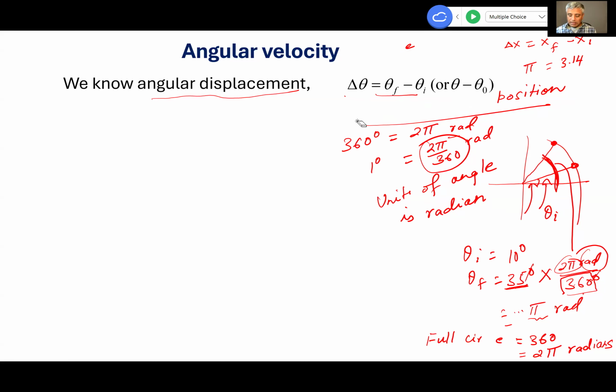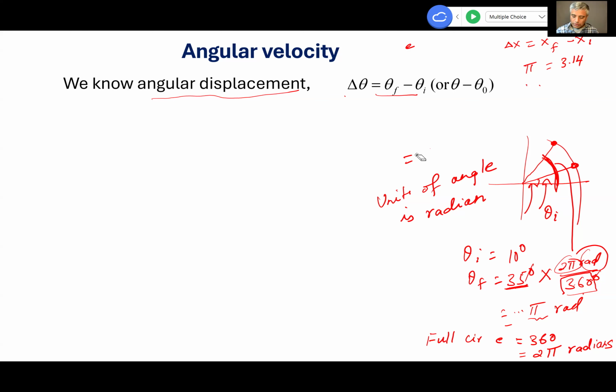Now we want to go back to our original goal to define angular velocity. So this is angular displacement. That means the unit of the angular displacement is also going to be radian, because the difference between two angles is going to have the unit of angle, so still radian.